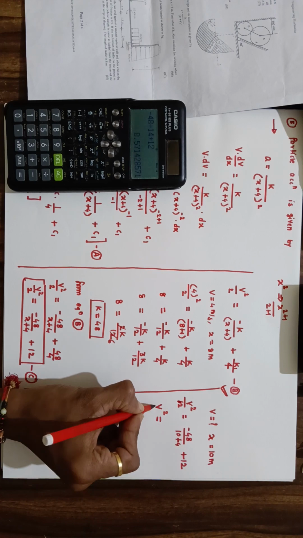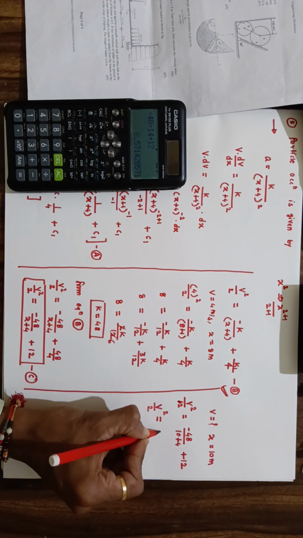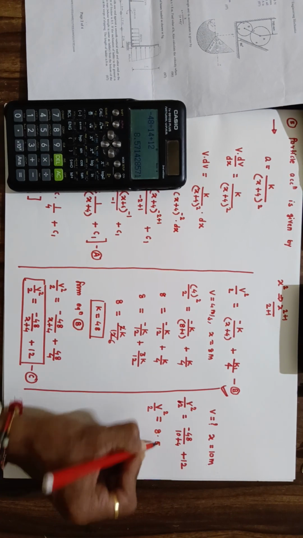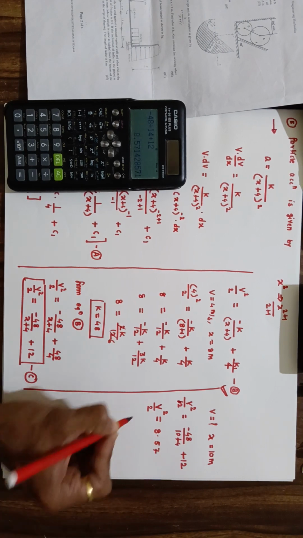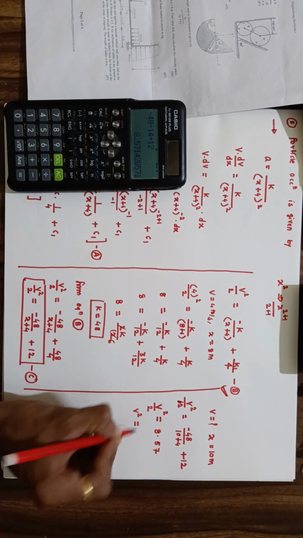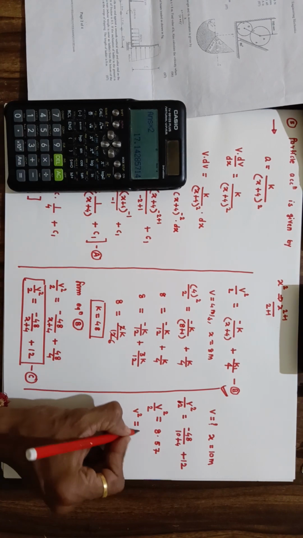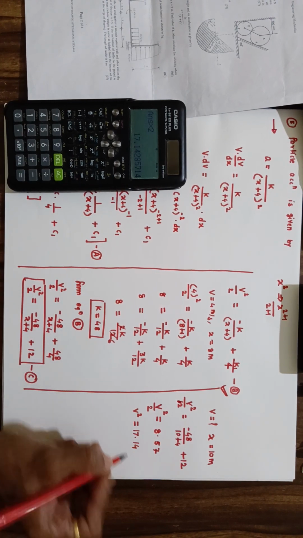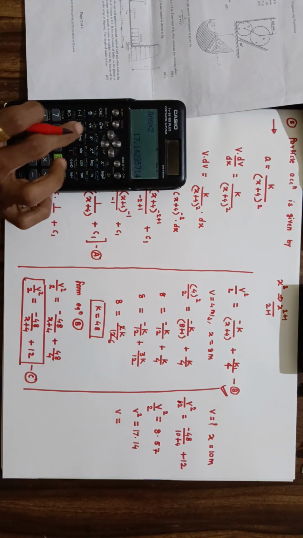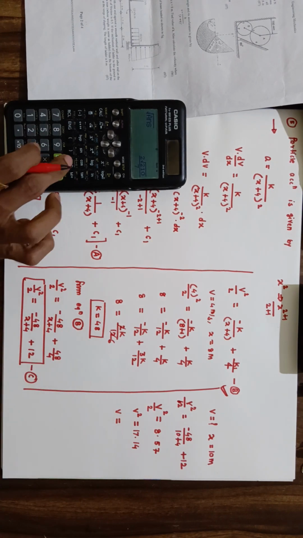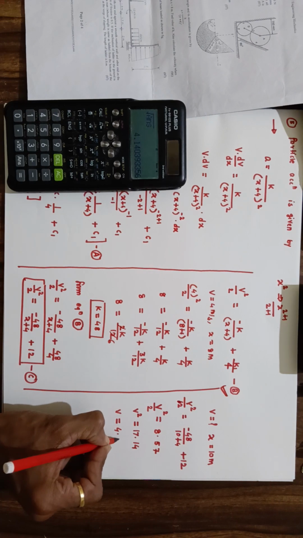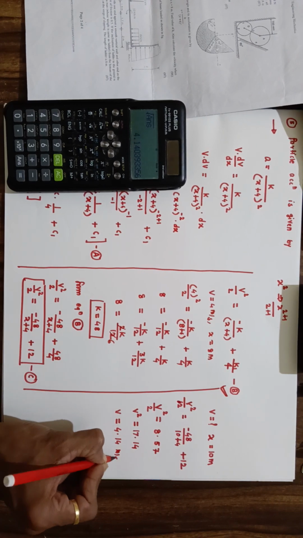So here v square by 2 is equal to 8.57 and v square is equal to 17.14, and v is equal to 4.14 meter per second.